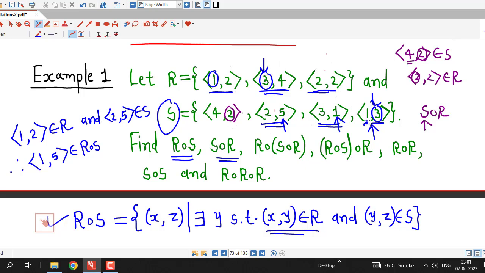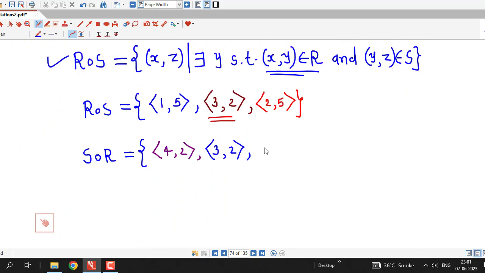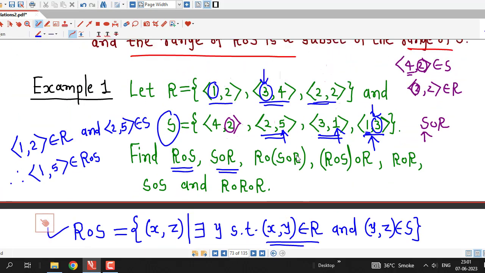So 1 3 belongs to S and 3 4 belongs to R. Therefore 1 4 must be in S composite R. So here I write ordered pair 1 4. And I have checked for all the ordered pairs of S. 1 3 and 3 4, that is 1 4. So we have written S composite R.